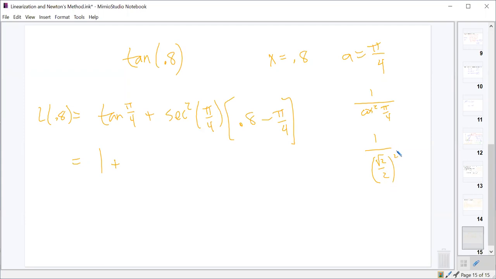Root 2 over 2 squared is 2 over 4, so this is 1 over 2 over 4, which if you take the reciprocal of 2 over 4 is 4 over 2, so 1 plus 2 times 0.8 minus pi over 4, which if you distribute all that through, looks like that becomes 1 plus 1.6 minus pi over 2, or 2.6 minus pi over 2.